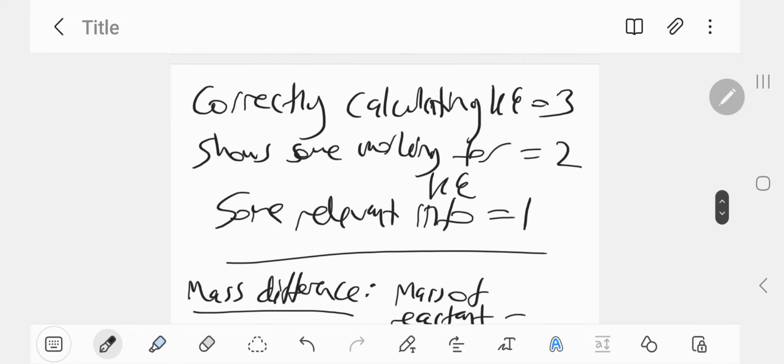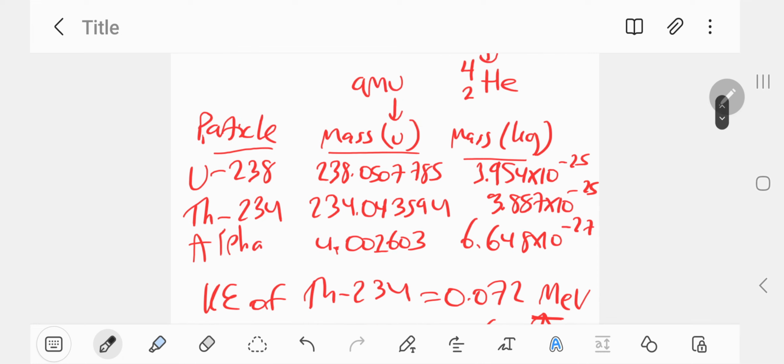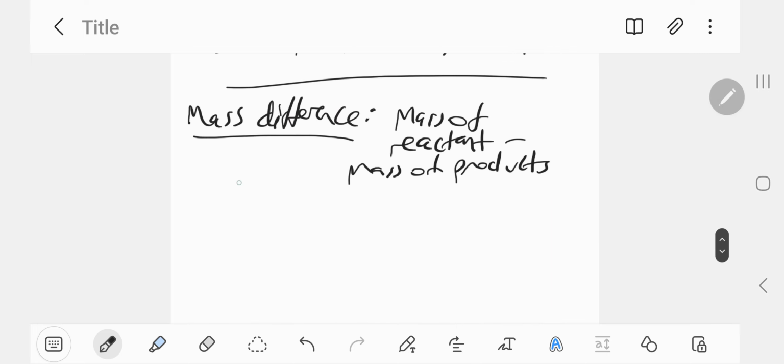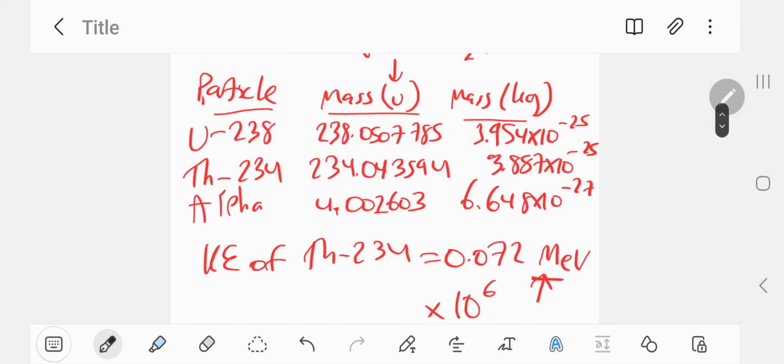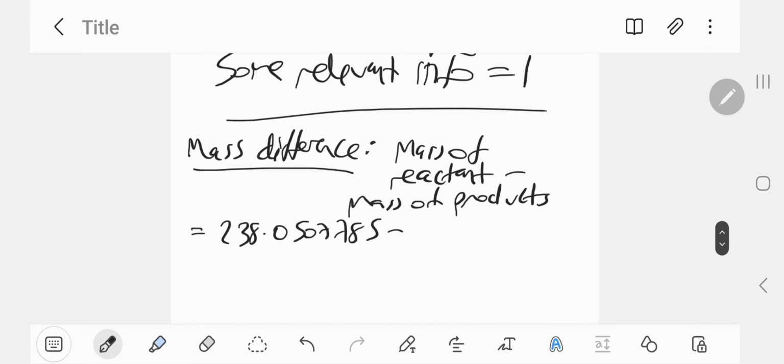So let's work it out using the table. So the mass of the reactant, the uranium nucleus, in atomic mass units, let's stick with that. It's 238. Let's write it all down. Minus the mass of the products, minus the thorium nucleus, so it's 234.